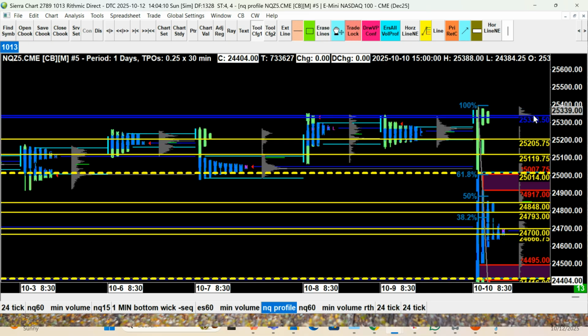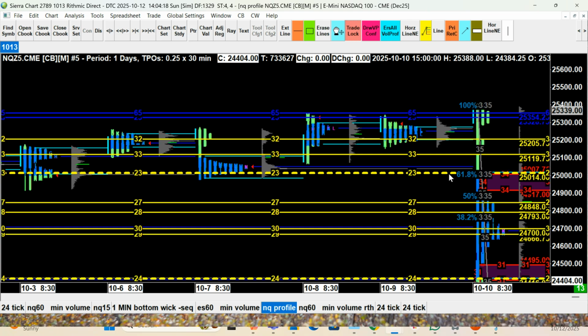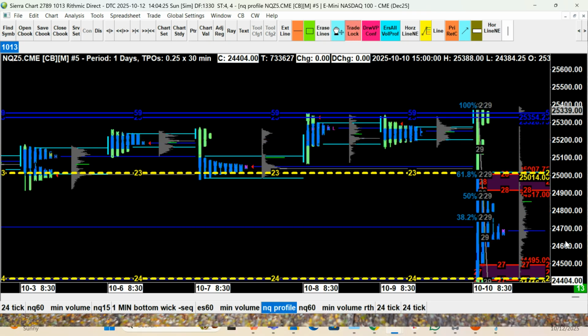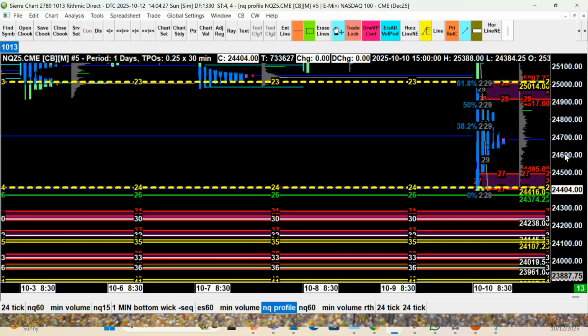There's the point of control. Now I can go back to this and I can get rid of this, this, this, this, this, this. It's not that they're not valid levels.